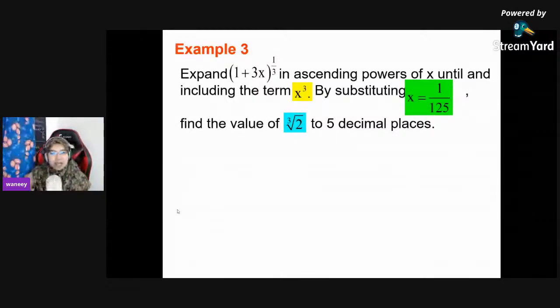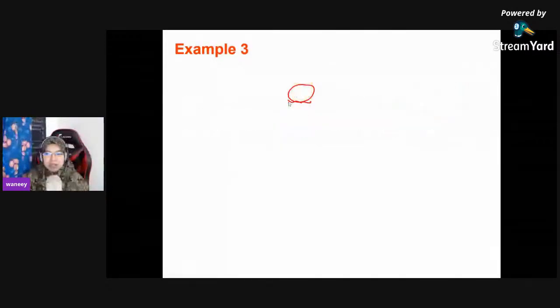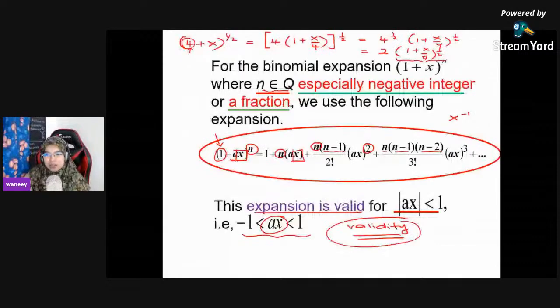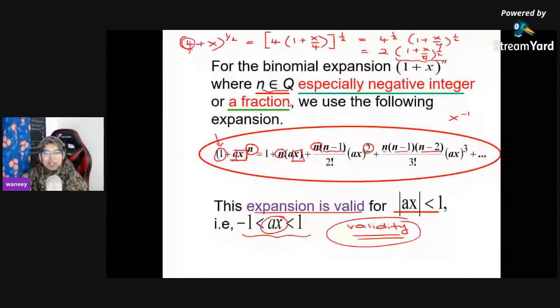Okay, so there are a few crucial things over here. So we should expand up until x cubed. They actually should tell us until when we should expand them, because if you refer to the formula, we actually have the plus dot dot dot. So that means we can keep on continuing until x to the power of 4, x to the power of 5, x to the power of 6 and so on.